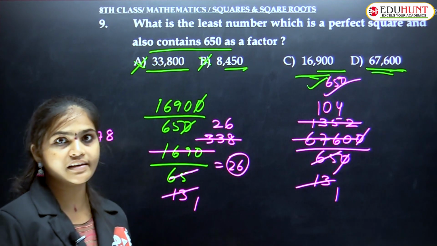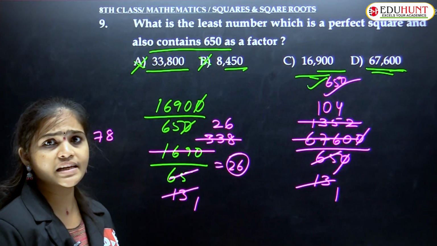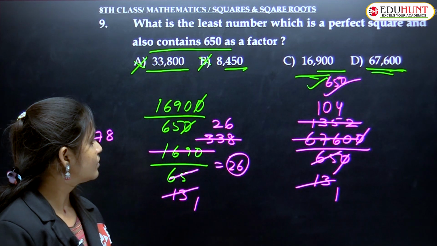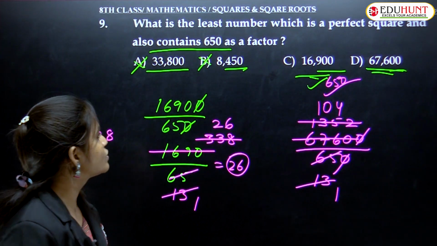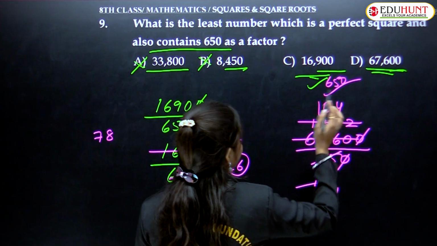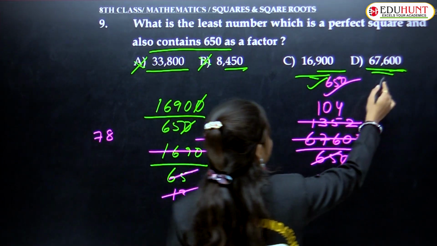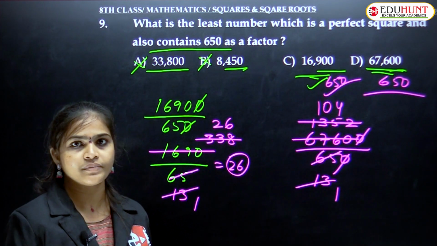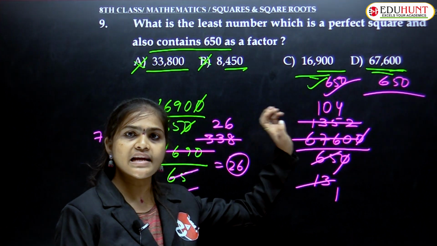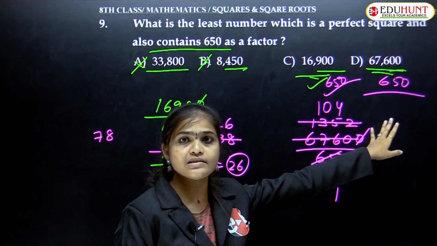So 104 times. 13 fours is equal to 52 only, no? So 13 into 104 is equal to 1352. So here 650 is a factor of this number also. So two conditions are also satisfying. These two are perfect squares and 650 is a factor of these two numbers also.